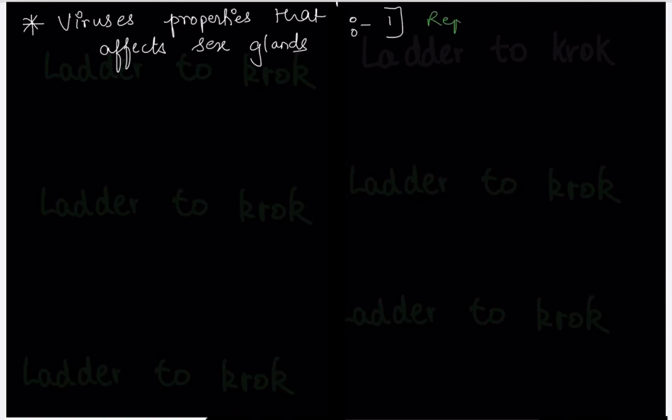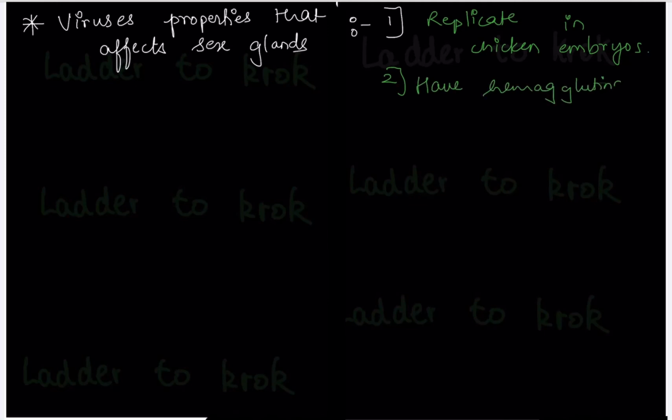These viruses replicate in chicken embryos. They have hemagglutination properties, and they form symplast in cell culture.